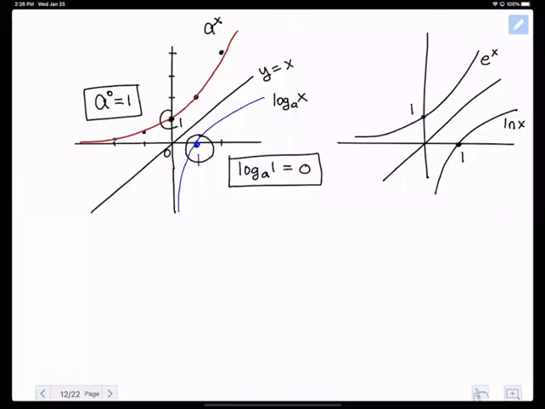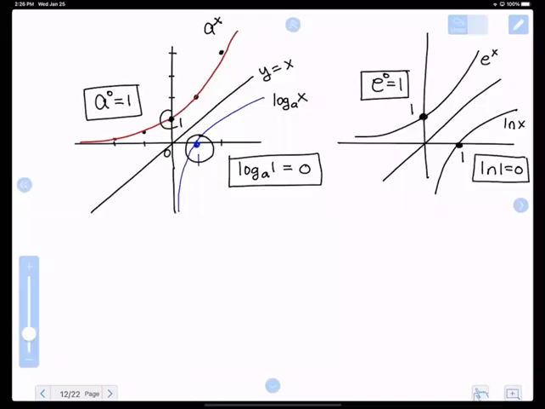Same thing. e to the 0 is 1. ln of 1 equals 0. So we are going one step further from the original exponential function, just one step further, y equals x. So far so good.